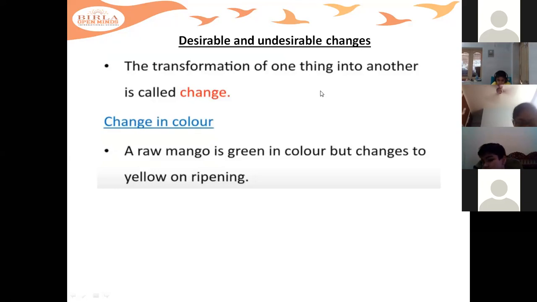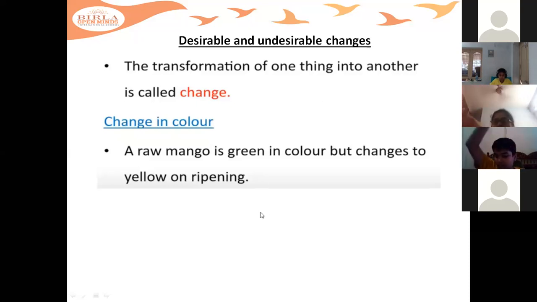Ma'am, desirable means which we like. Yeah, which you like. Desirable. Undesirable, ma'am, that is our wish. Yeah, that is our wish. It may happen against your wish also. If it is happening against your wish, then it will be undesirable.